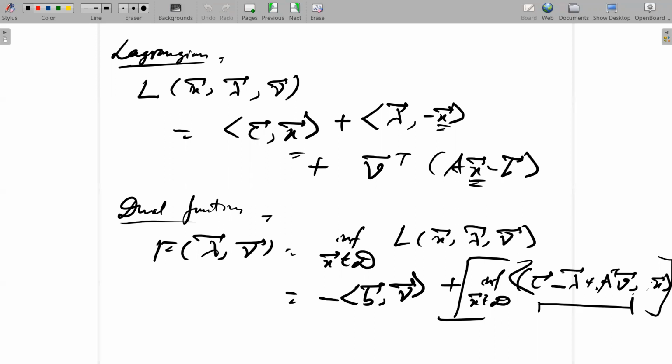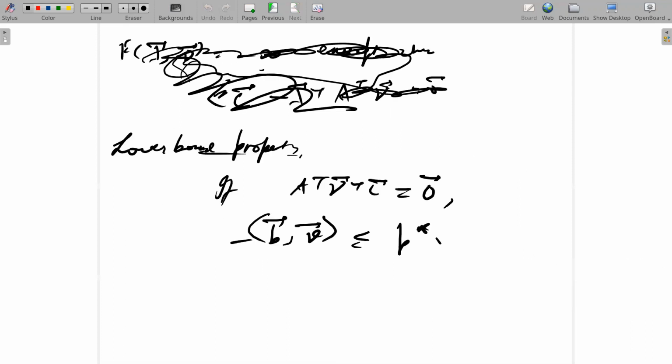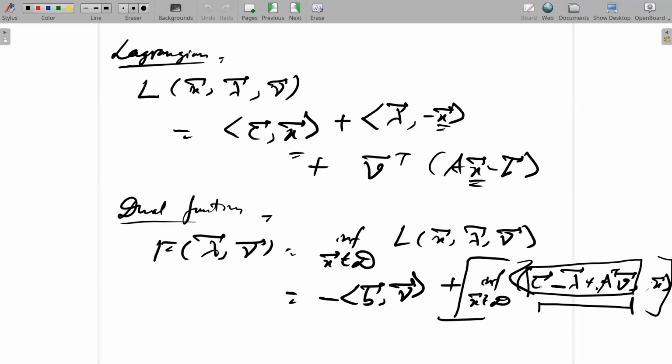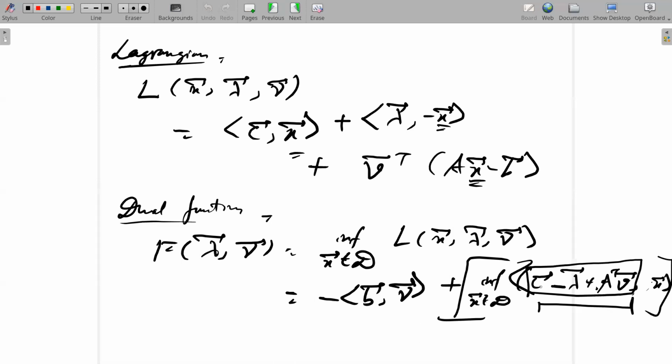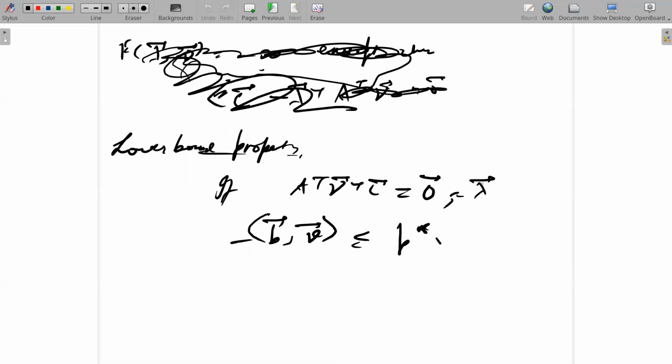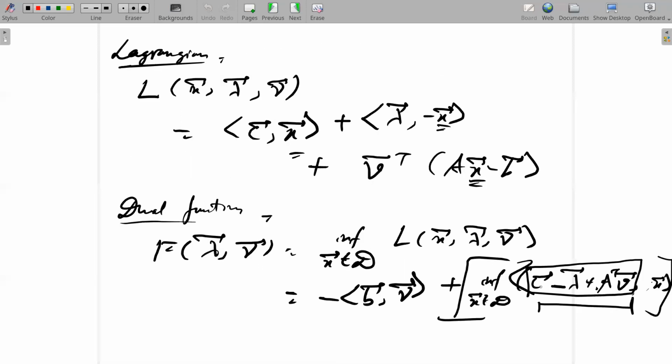And then the moment this is equal to 0, C minus lambda plus A transpose nu is equal to 0, I chose lambda equal to 0 and A transpose nu plus C equals 0.